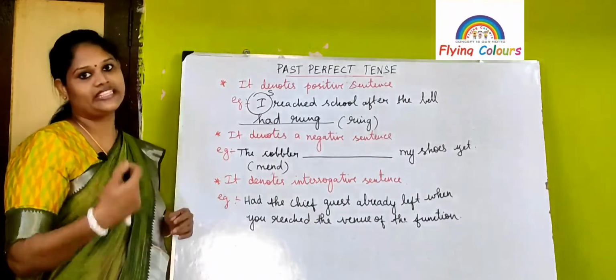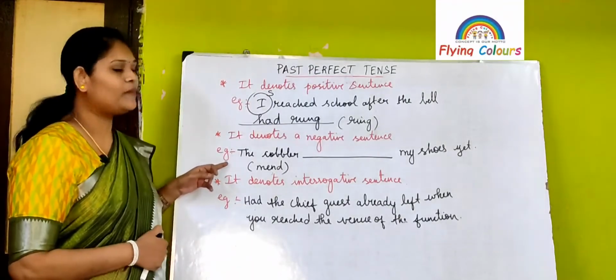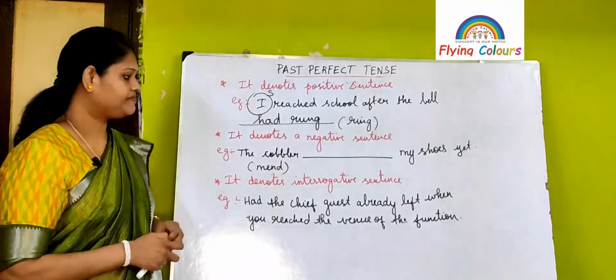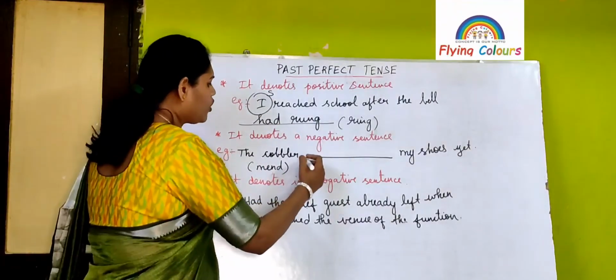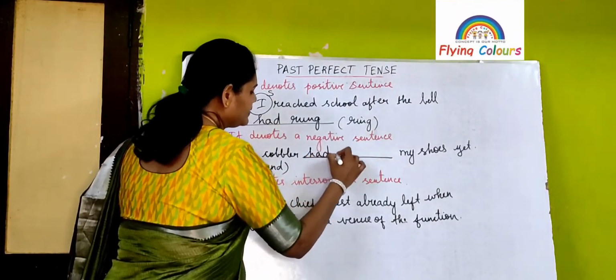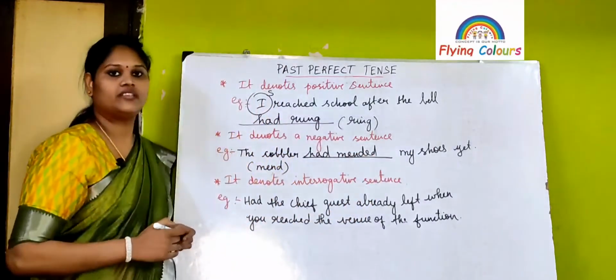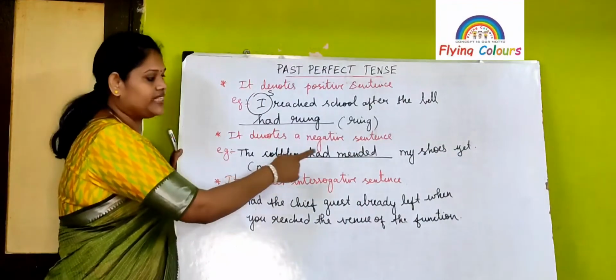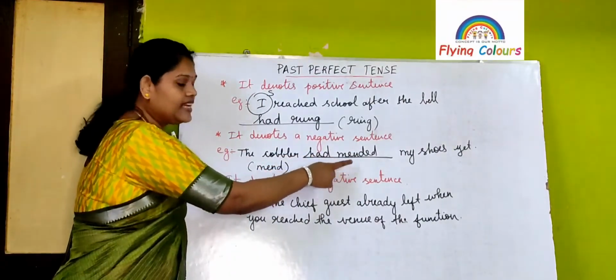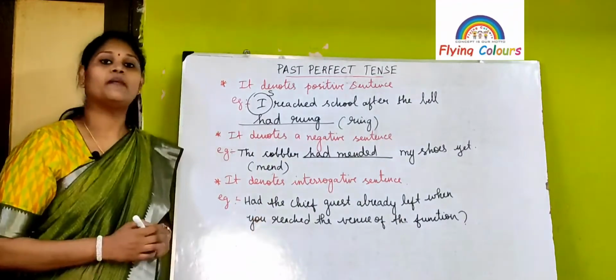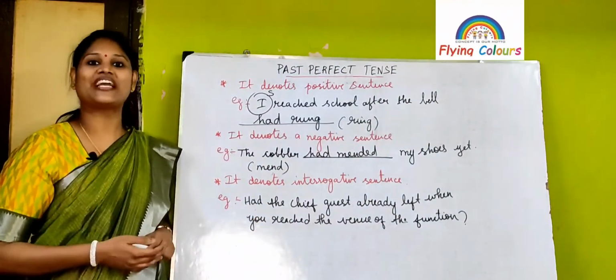Now a negative sentence. Example, the cobbler dash my shoes yet. Right? Here, the cobbler had not mended my shoes yet. Here cobbler is the subject plus had plus mended, the past participle, right? The same formula only. Now an interrogative sentence.